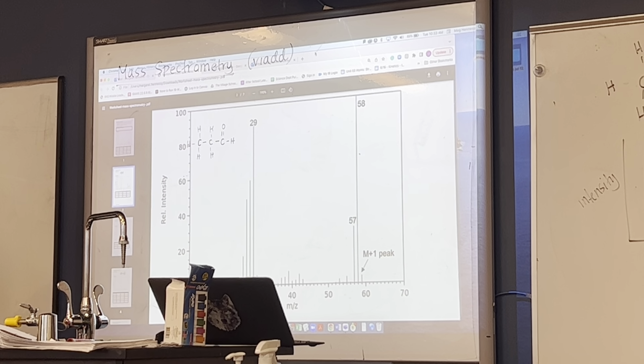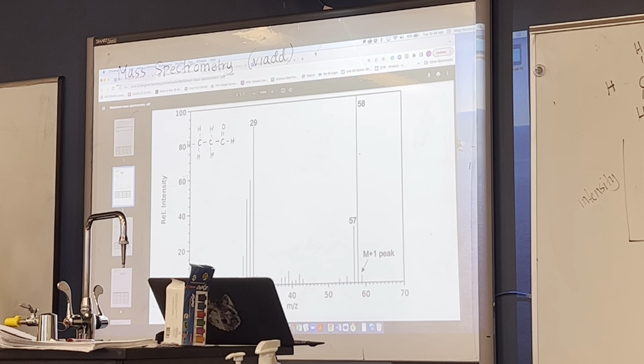So the identity of the fragment is what has the positive charge, and then what fell off is the other answer. Sophia, what do you think the peak of 58 is?